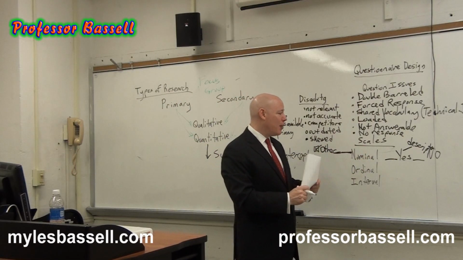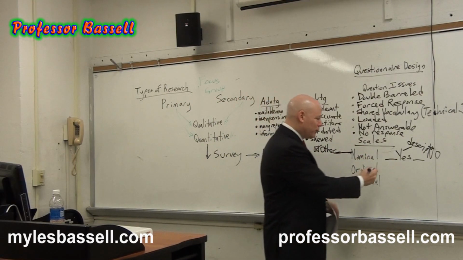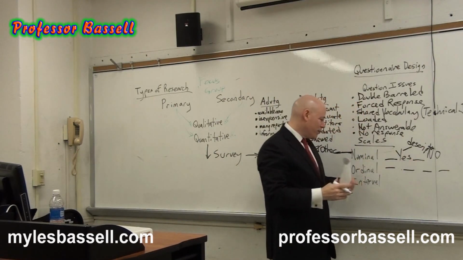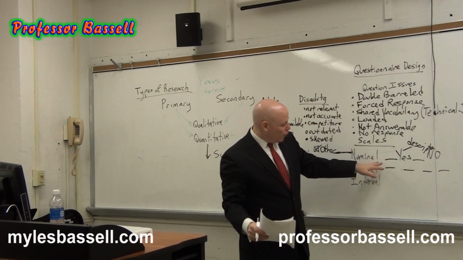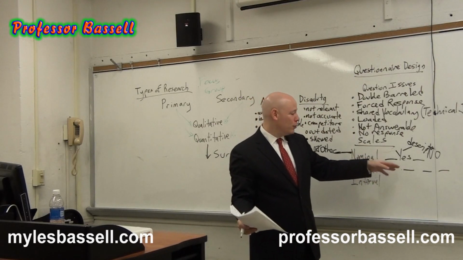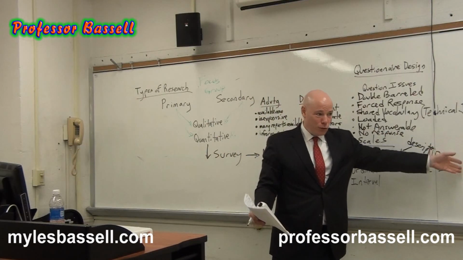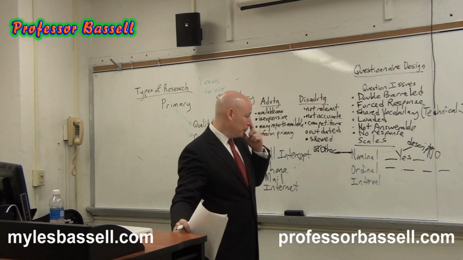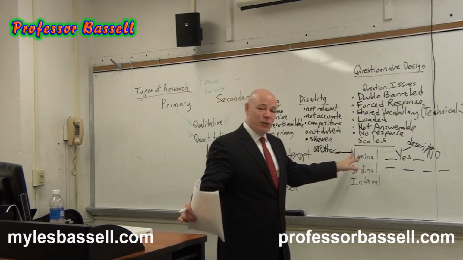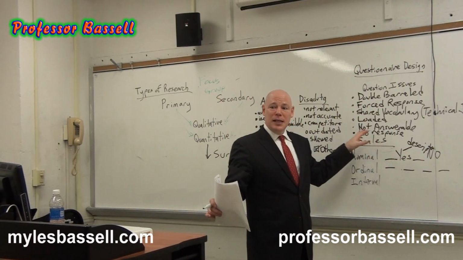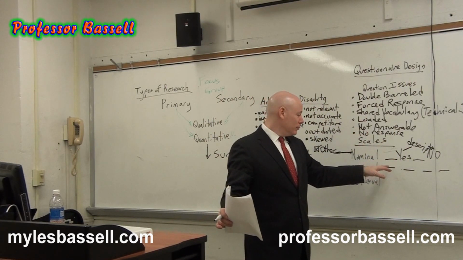We could ask questions about your level of education, and then you would check your minimum level of education: high school, associates, bachelor's, graduate school, professional. Marital status would be another example of a nominal scale question.